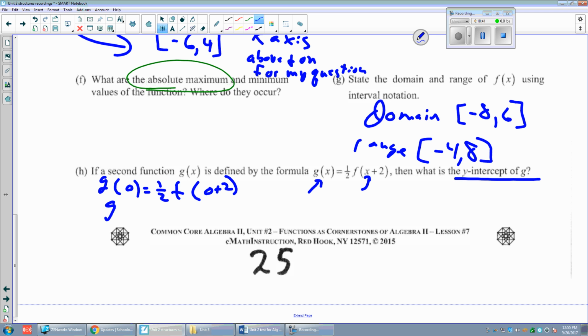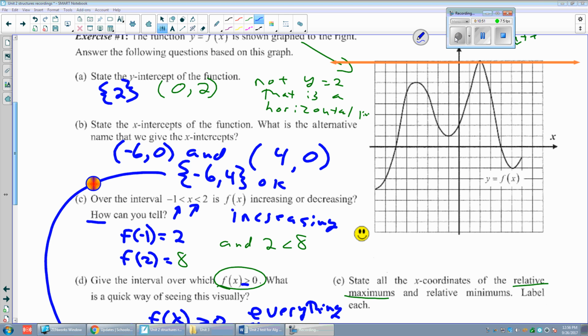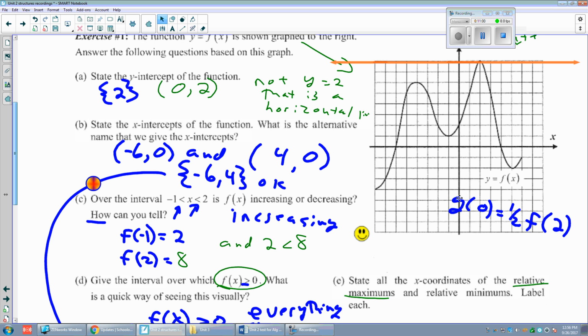So basically, g of 0 equals 1/2 f of 2. The function value at 2. What's the function value at 2, Mr. Smiley Face? I'm at 2.